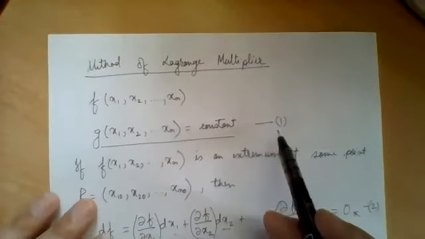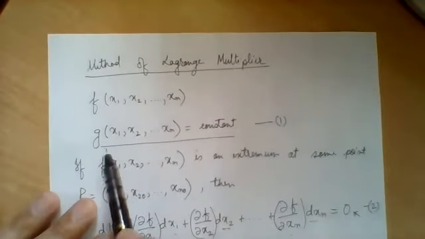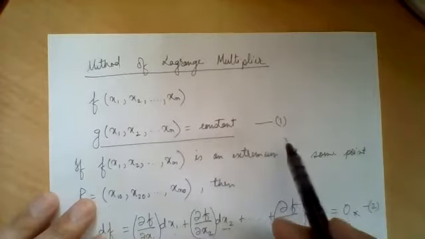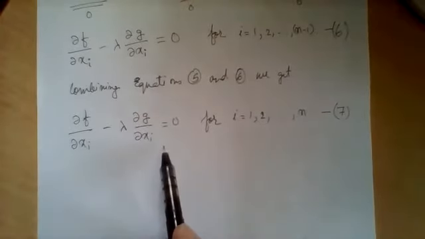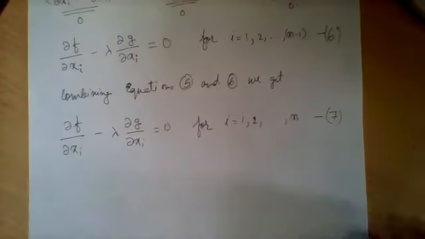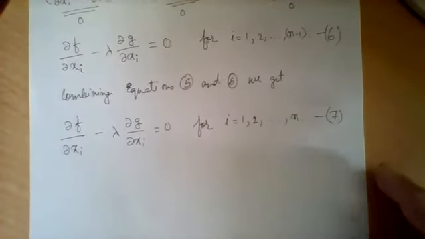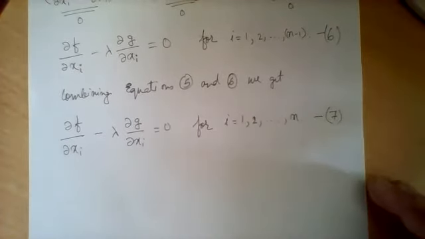That one more equation will be equation number 1. Using equation number 1 and equation number 7, we can uniquely determine the values of the n plus 1 unknowns at the extremum value of f.